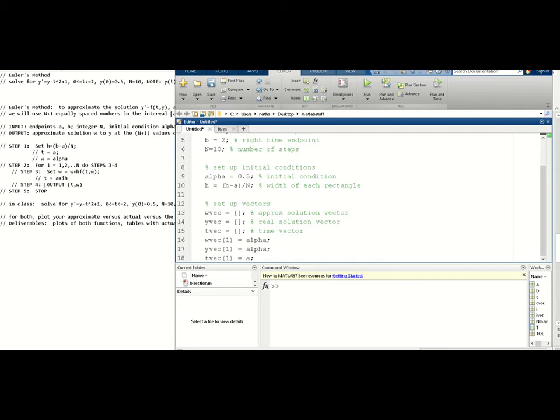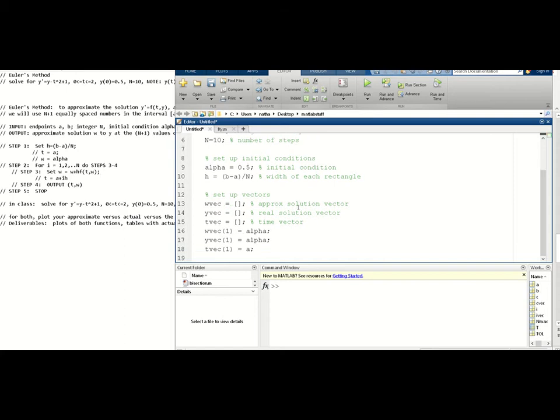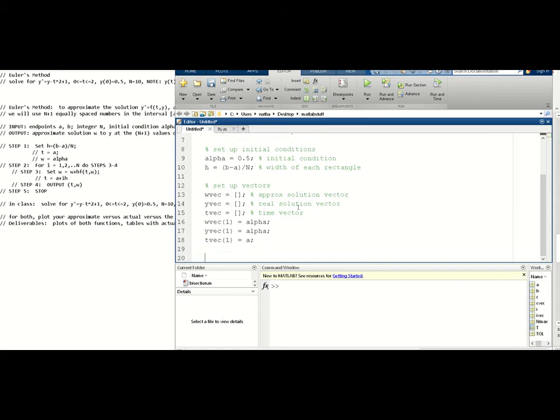Okay, now step 2 is we're going to actually start computing these. So I already know W1, so I know the value for 1. So now I'm actually going to use a for loop instead of a while loop. So this says for i goes from 2 up to n plus 1.